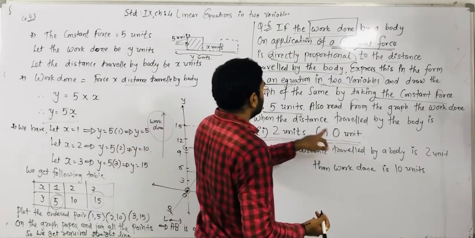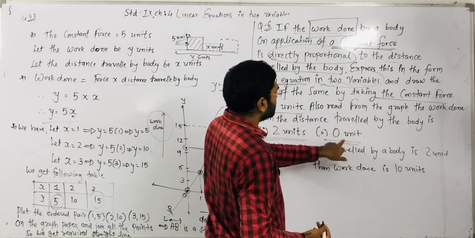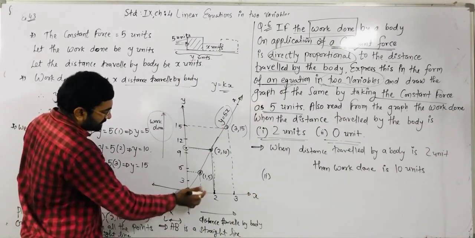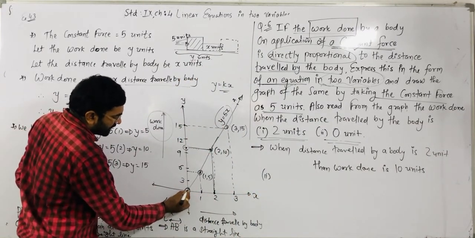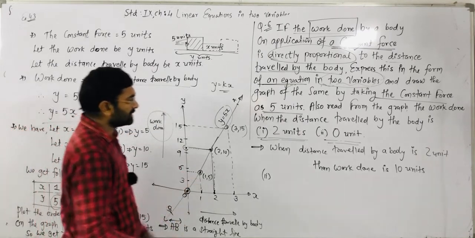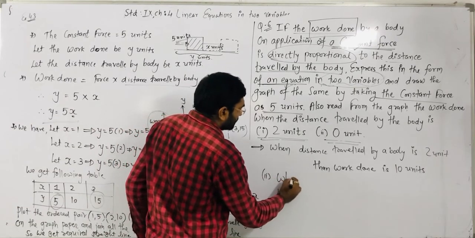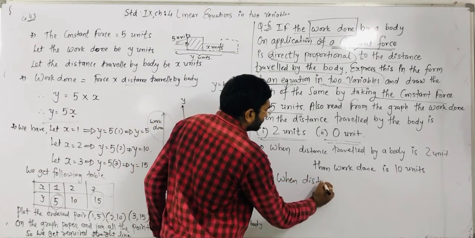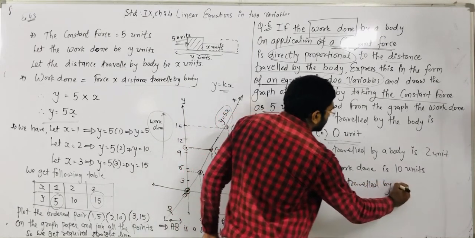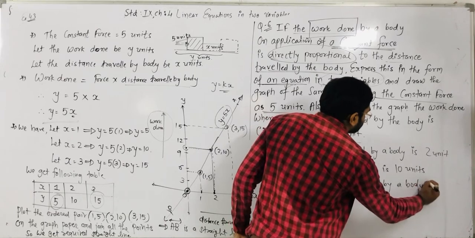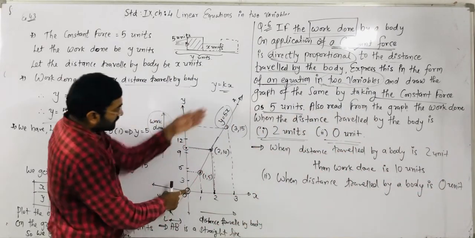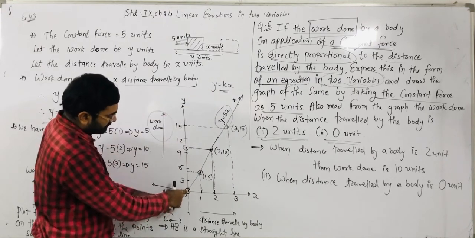Another question is given here. Second, find out the work done when the distance traveled by the body is 0 unit. So on the x-axis, whenever you take the distance 0, then its y-axis value is also 0. Right. So from the graph we can say when the distance traveled by a body is 0 unit, x-axis 0 unit, then the graph intersects the origin.